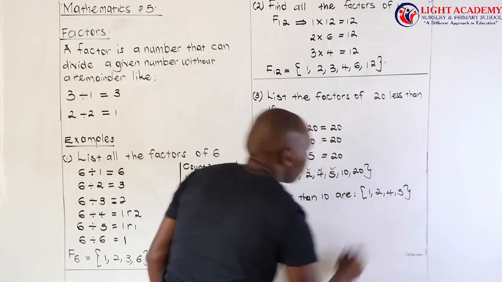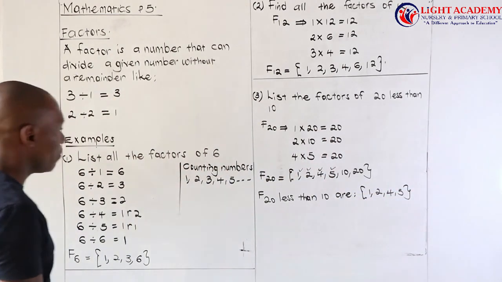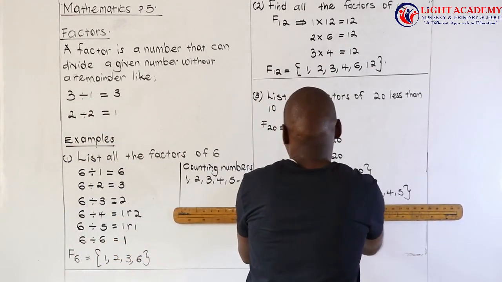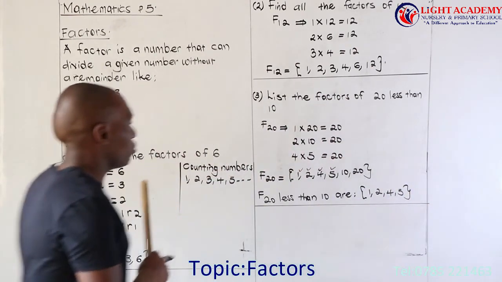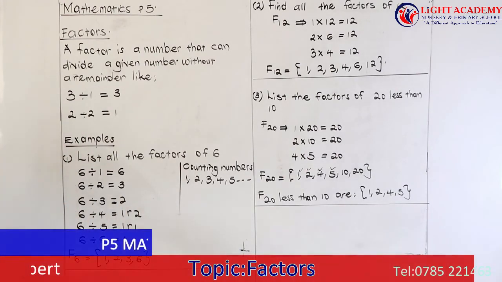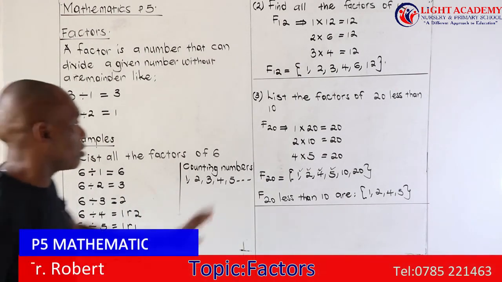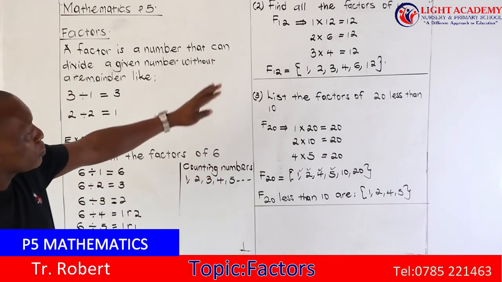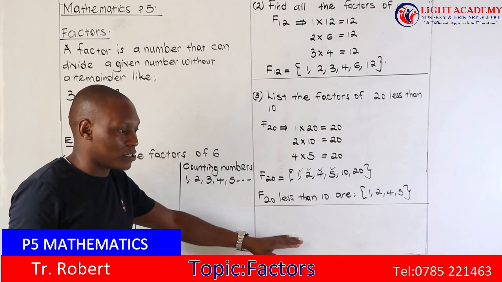So these are the only factors of 20 that are smaller or less than 10, and we shall have got those factors. So basing on these 3 examples, I think we shall be in position to follow what we're supposed to do and get some answers.